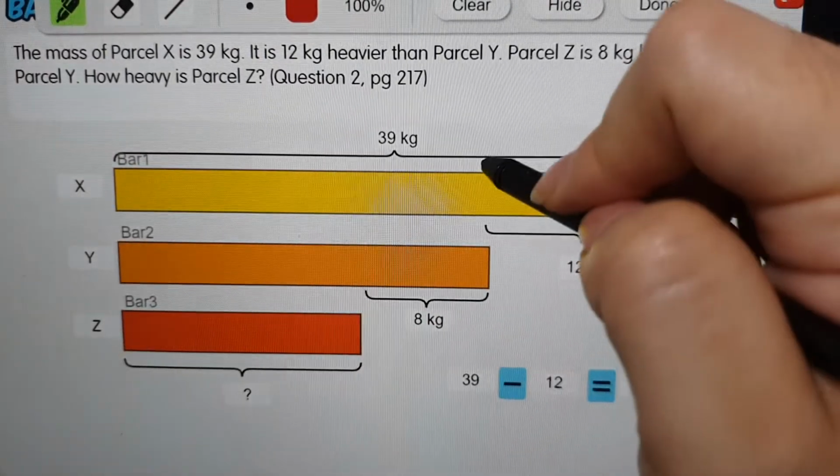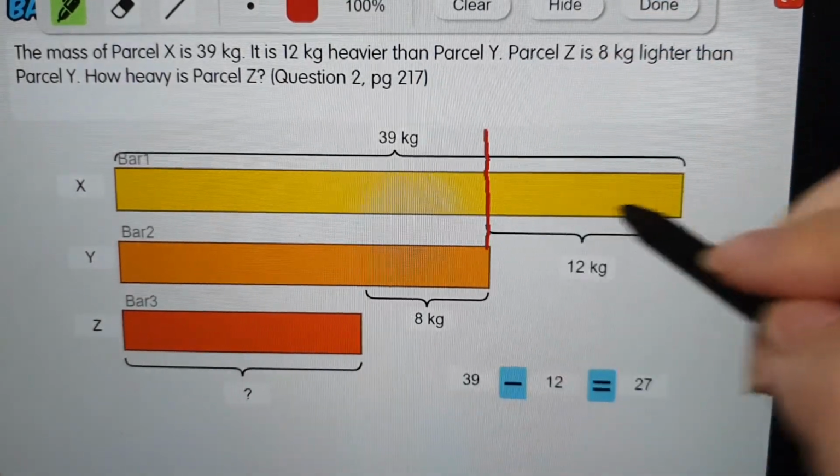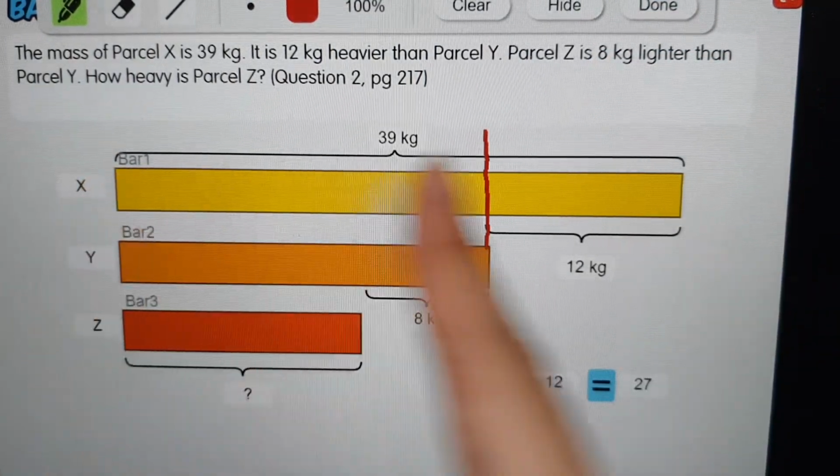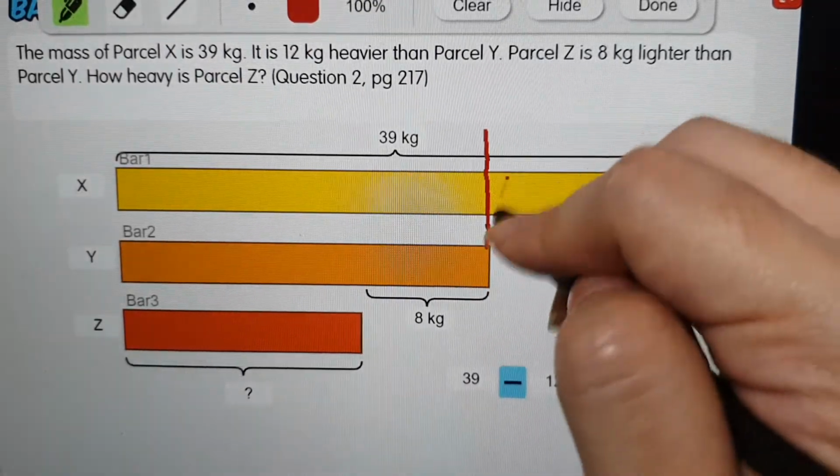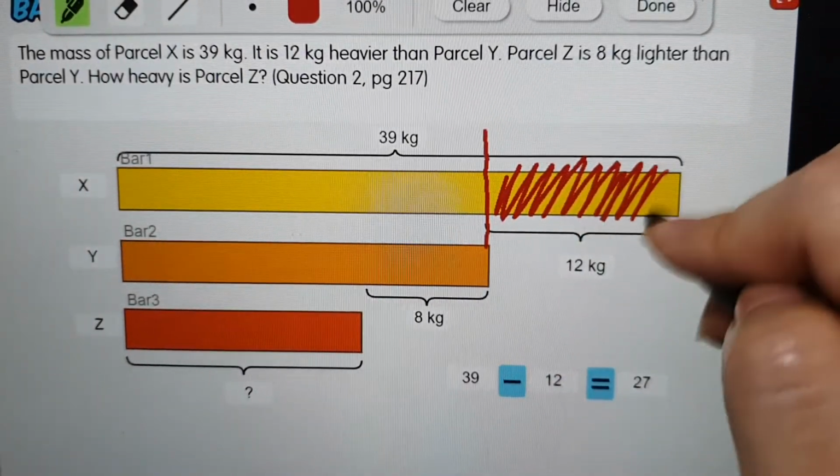So from this model, your 12 is actually here. So when you take 39, which is the whole bar, minus 12, you are taking away this part, so you no longer want this part here.